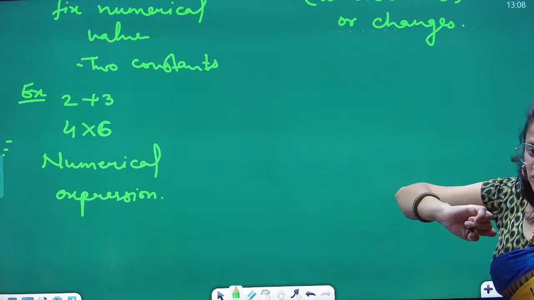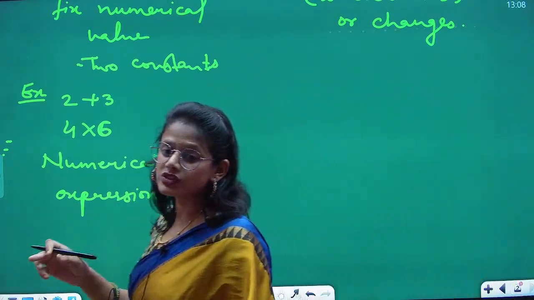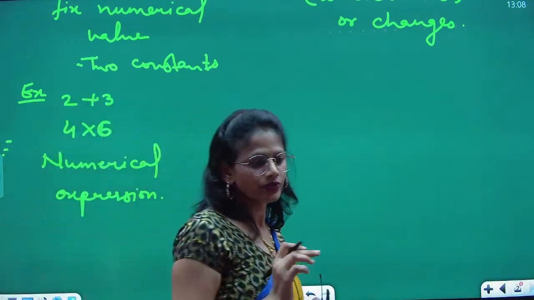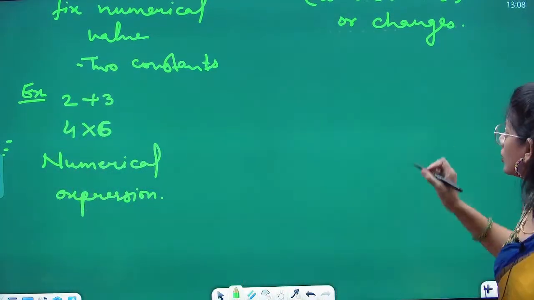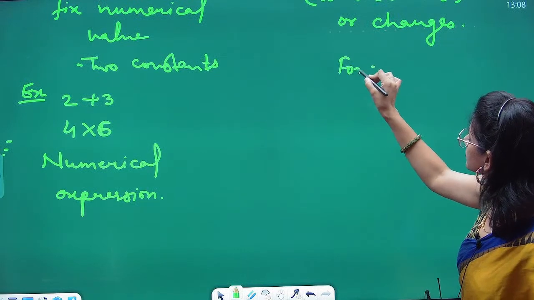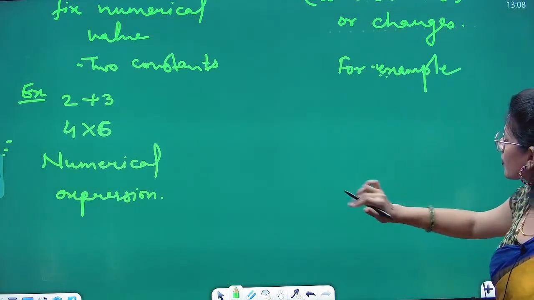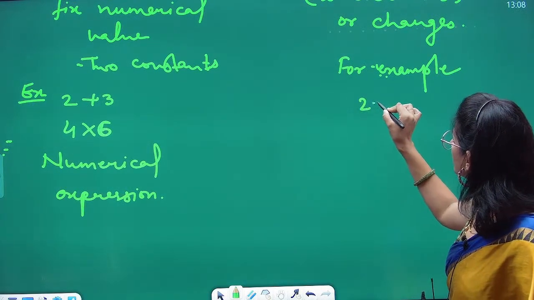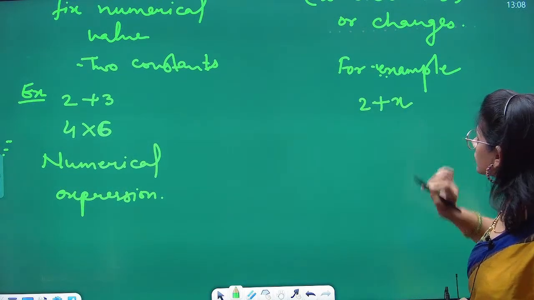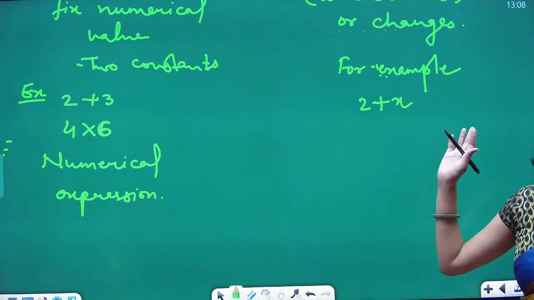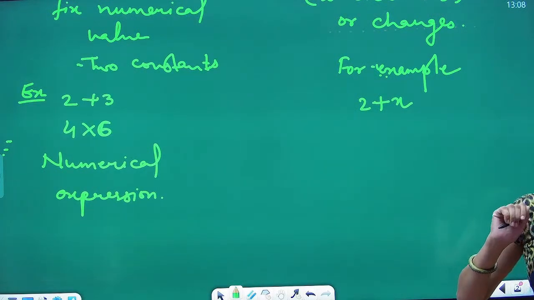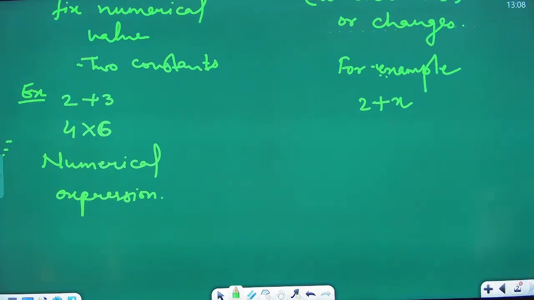But when we join constants and variables with a mathematical operation, for example 2 plus x, one is a constant, another is a variable, and we are joining them using the operation plus.